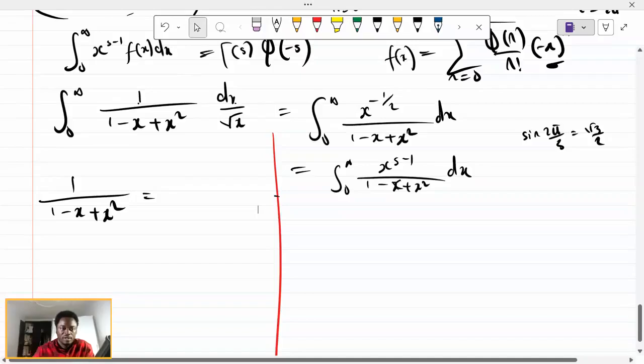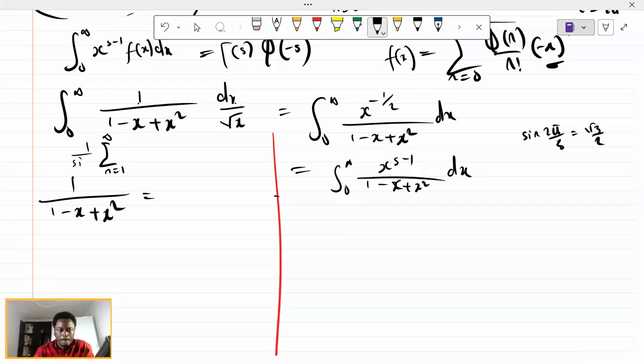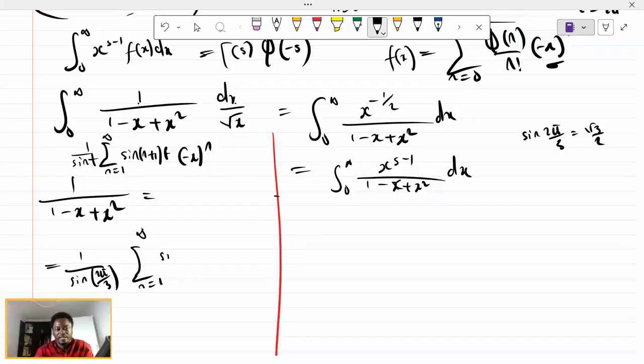All right, at the top here, you have the sum as n runs from 1 to infinity of 1 over sine t, then you have sine n plus 1 t, then negative x to the n. So this would be equal to 1 over sine 2 pi over 3, then the sum as n runs from 1 to infinity of sine n plus 1 times 2 pi over 3, then negative x to the n.